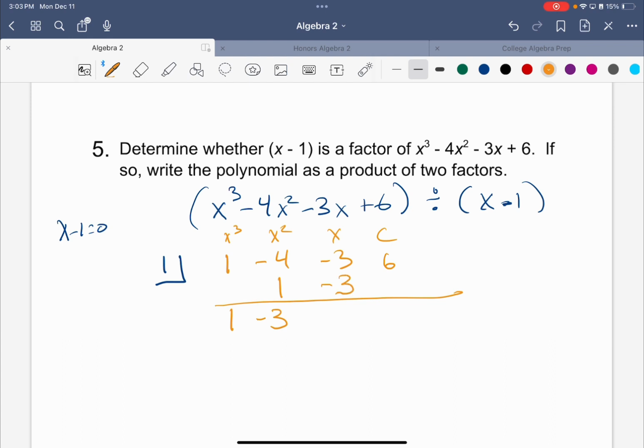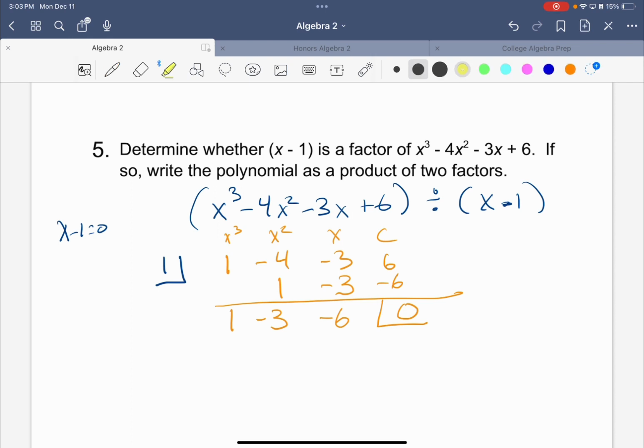Negative 3 plus negative 3 is negative 6. 1 times negative 6 is negative 6. And 6 plus negative 6 is 0. So my remainder in this is 0. So the answer, it says determine whether it's a factor. Yes, it is a factor.